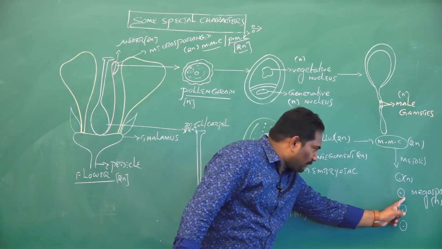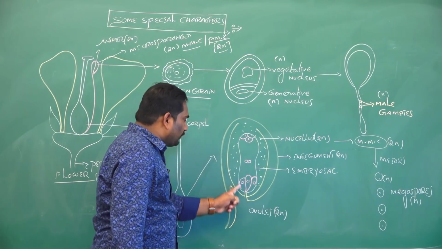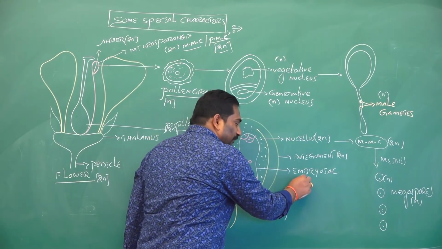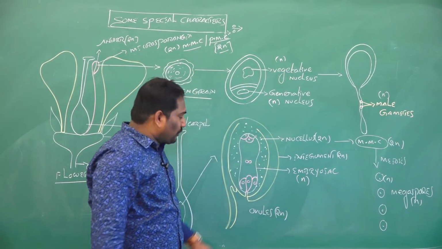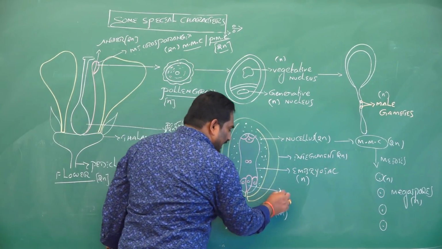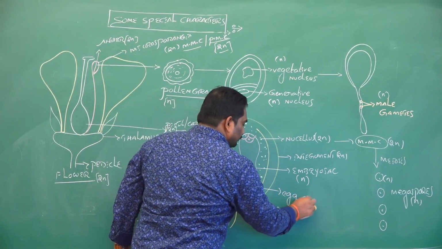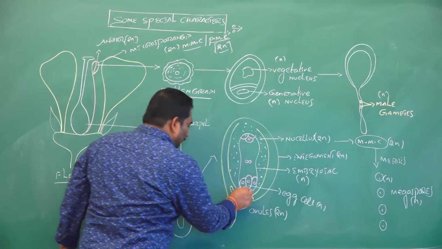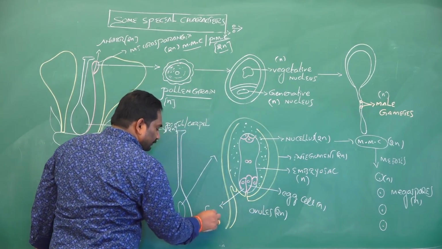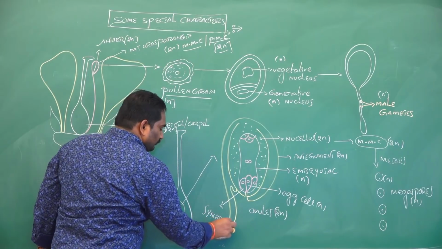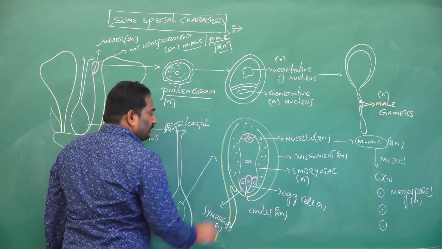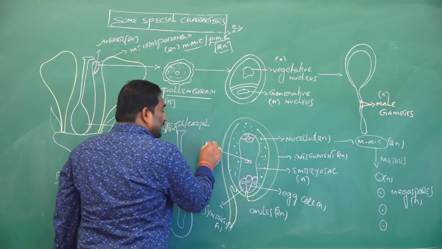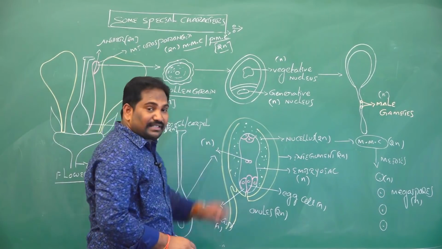Then haploid megaspore develops into embryo sac. Then ploidy of embryo sac also haploid. In that, the egg cell also haploid, and synergids also haploid. Polar nucleus is haploid, 2 polar nuclei.